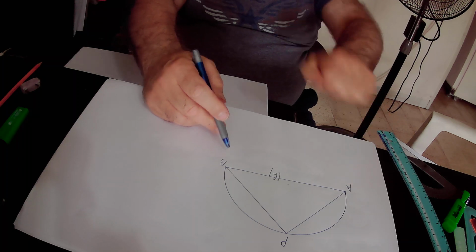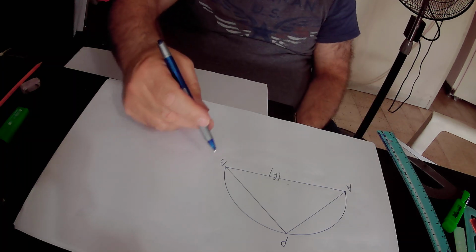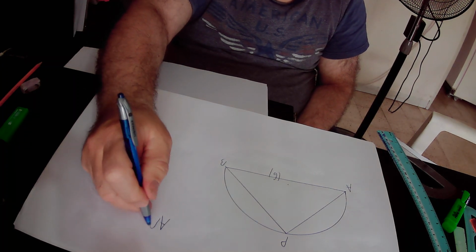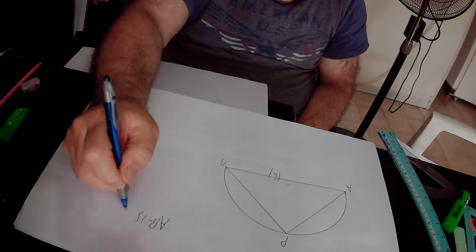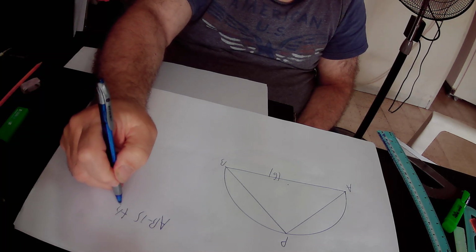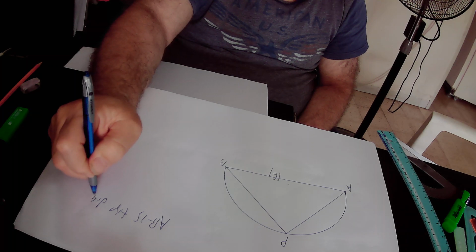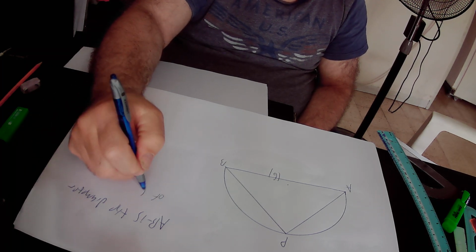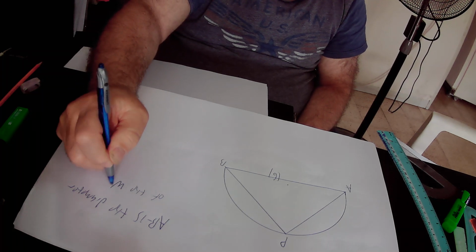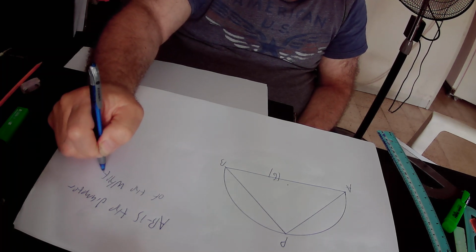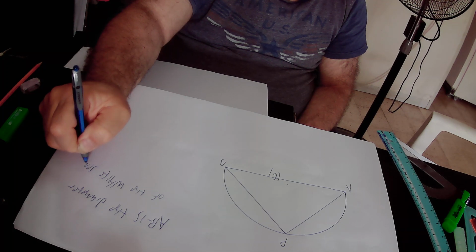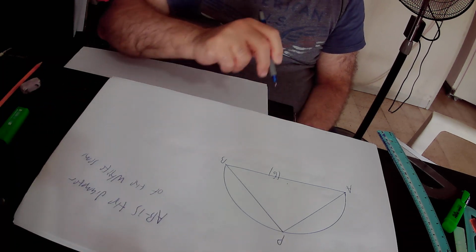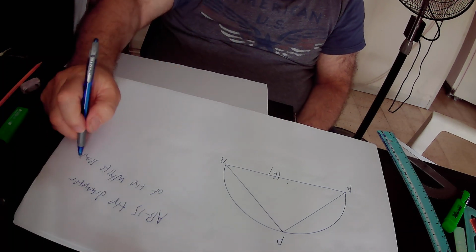AB is the diameter of this semicircle, so I write it down: AB is the diameter of the white semicircle. You know that it equals 6 units in its length.